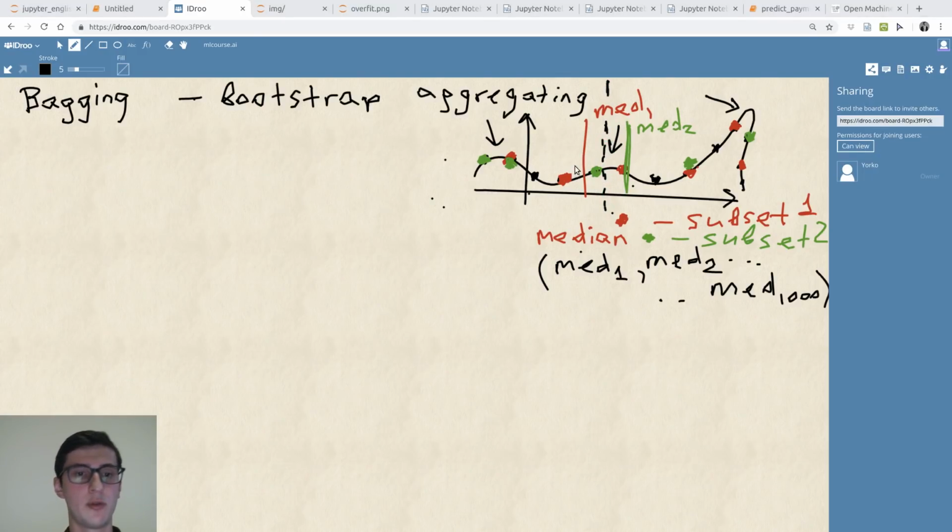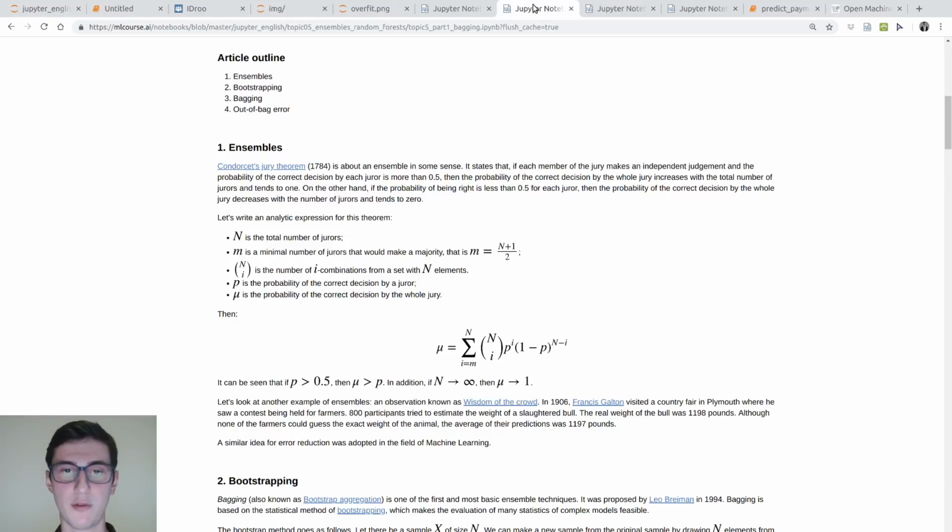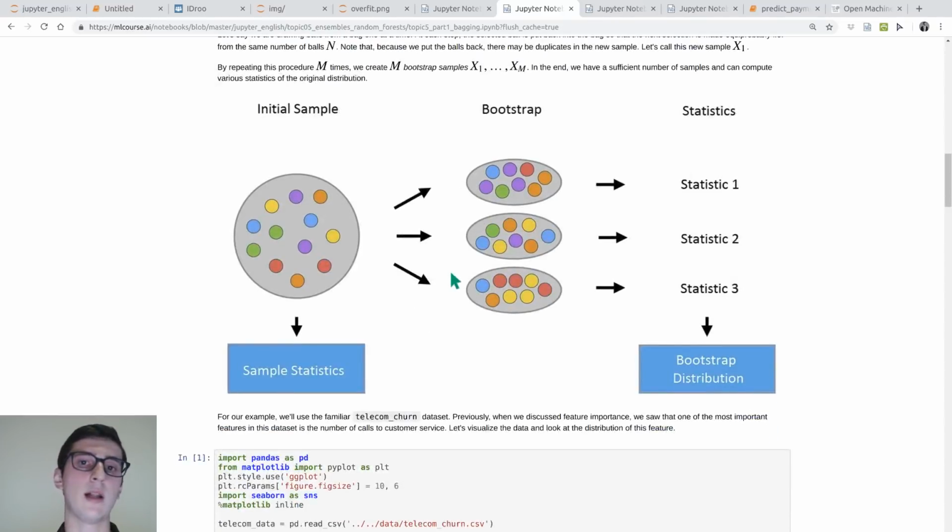Okay, so actually Bootstrap is very well known in statistics, and I will tell you about bagging, so how we actually reuse Bootstrap for this idea of making subsets different. So I'll illustrate this picture.